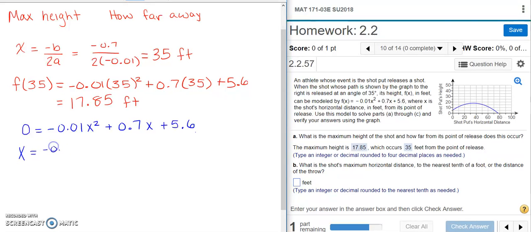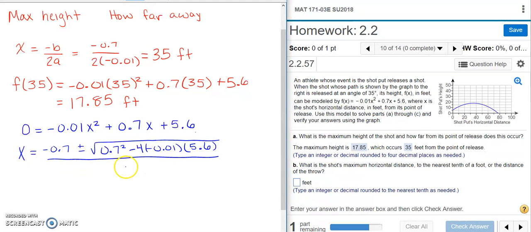So it's negative b plus or minus the square root of b squared minus 4ac, all over 2 times a. Really important that you have that memorized. So I'm going to pause for a second, get my calculator, and work that out, and then I'll be right back.